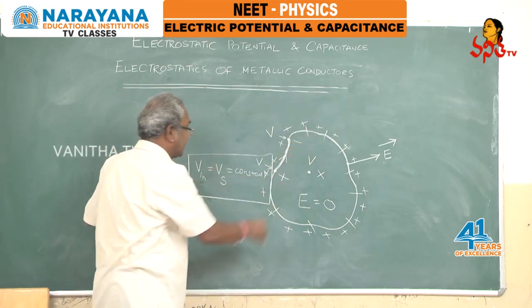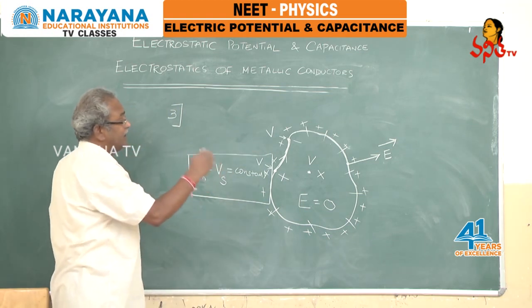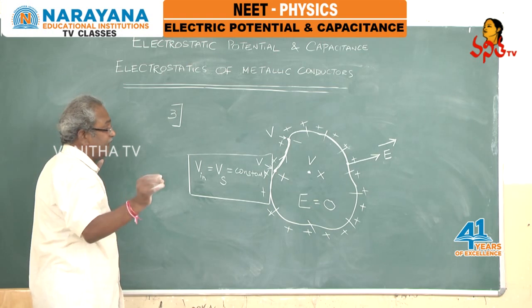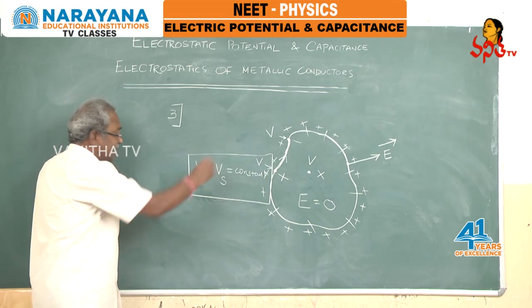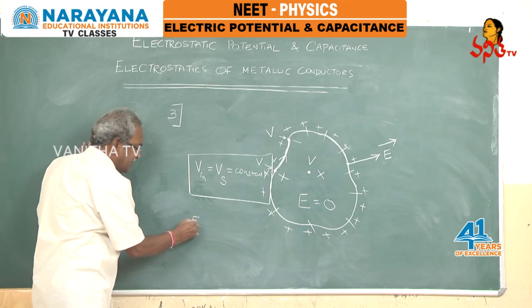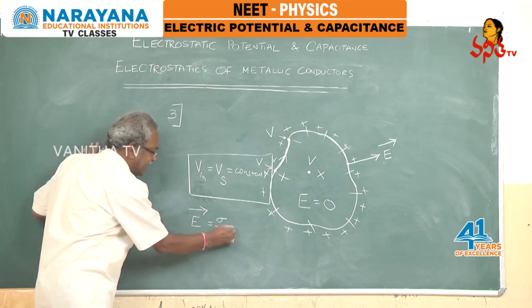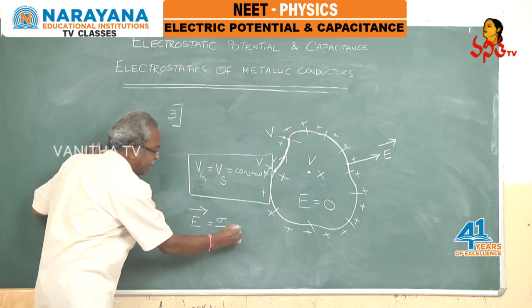Therefore, that E bar can be expressed as, and in the previous chapter you found the derivation, the electric intensity because of a charged conductor, that E bar vector, can be written as E bar equal to sigma by epsilon naught n cap.